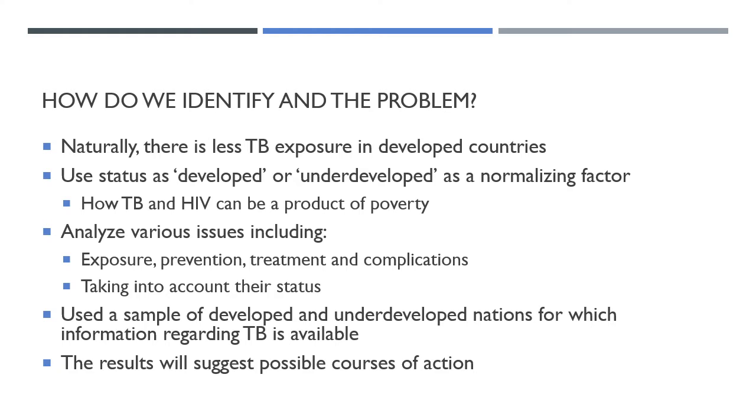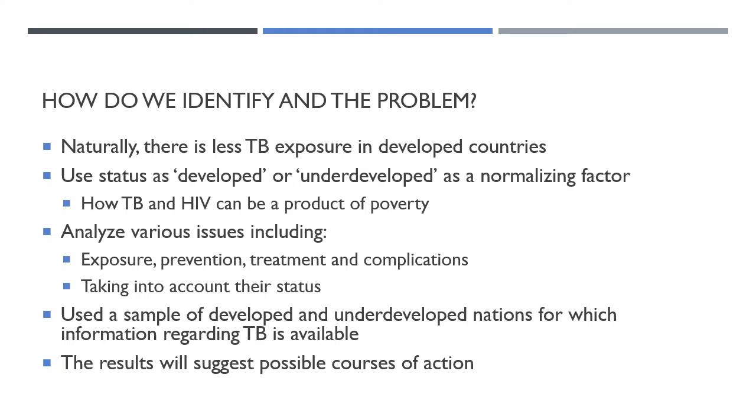If I just show you underdeveloped nations, it might not seem as radical as it actually is, but I'm going to show you what developed nations are doing towards getting to this goal of eradicating TB in the near future. This is also going to show you how TB and HIV, because TB and HIV go hand in hand, can be a product of poverty, right?